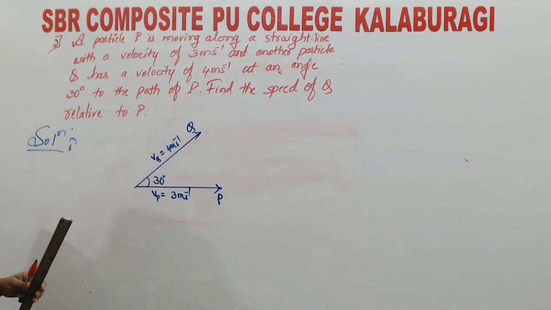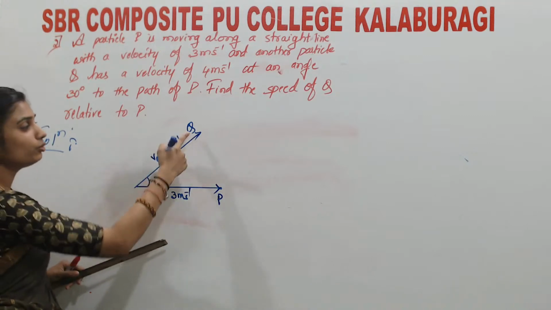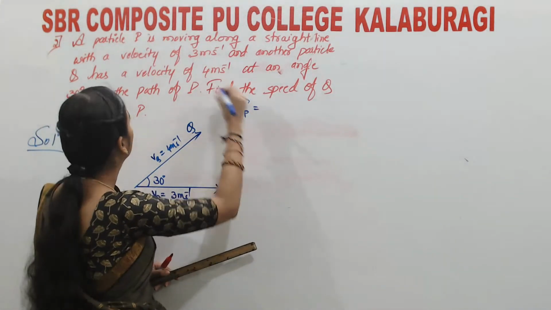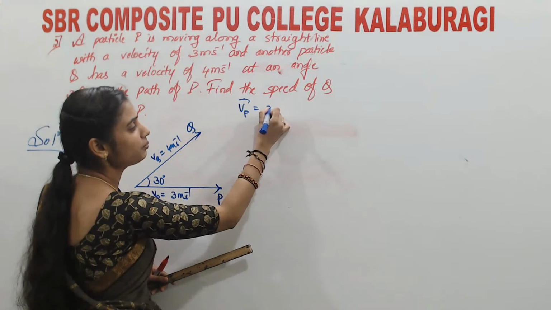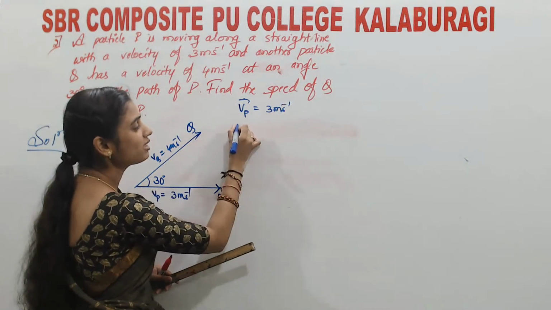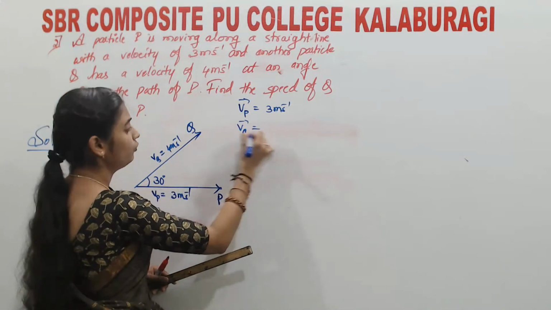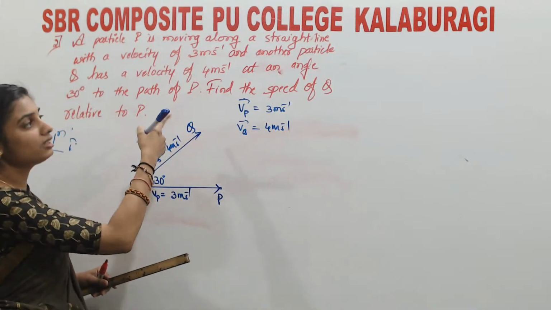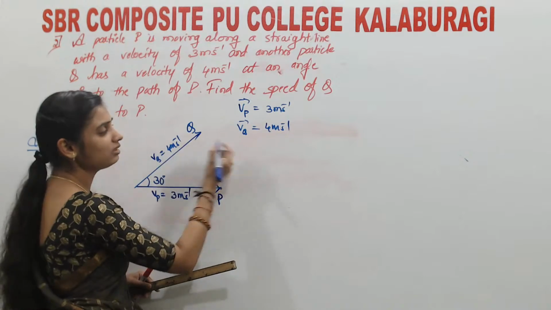They are asking you to find out the speed of Q relative to P, given the velocity of P is 3 meter per second and the velocity of Q is 4 meter per second. They have given the angle is 30 degree.